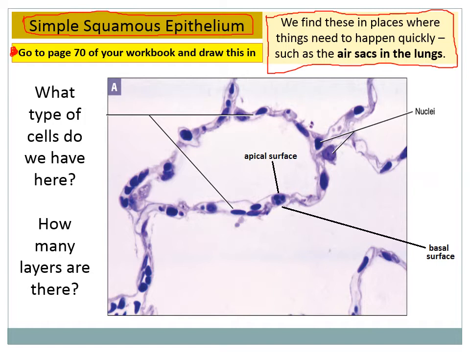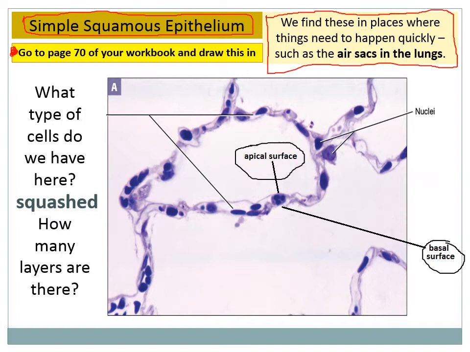Looking at this picture here, we want to make sure we're looking at the apical versus our basal surface. We see this apical and our basal surface here, and we can see in between those what type of cells we have. So what type of cells do we have here? Yeah, these are squashed cells.